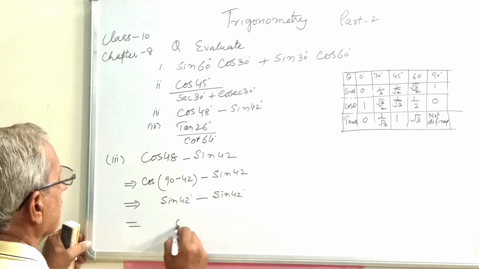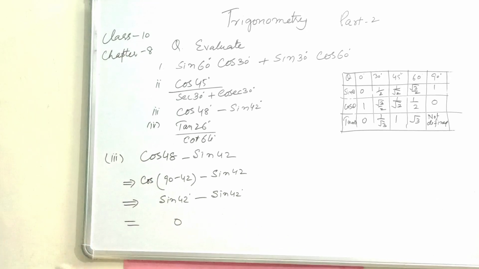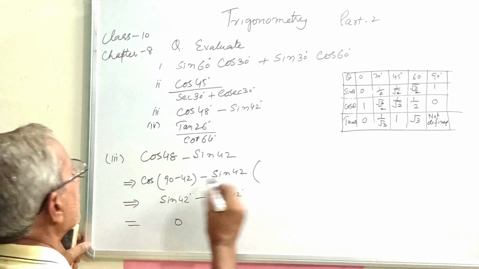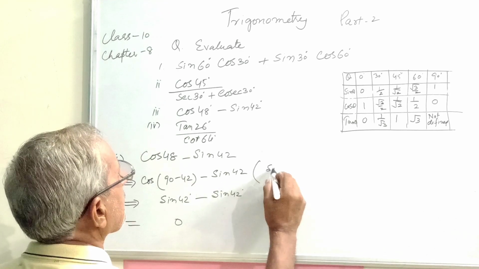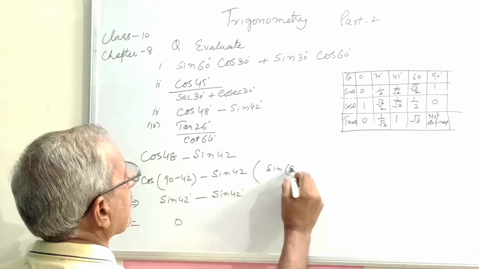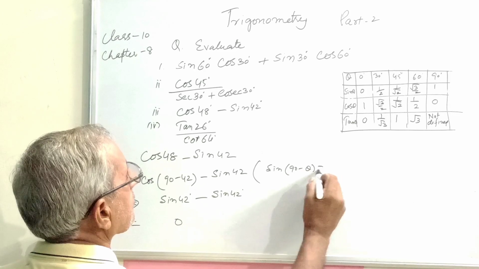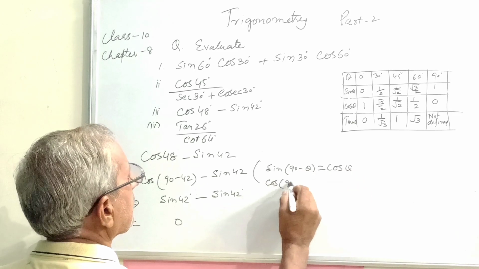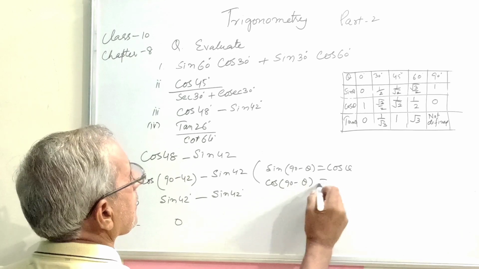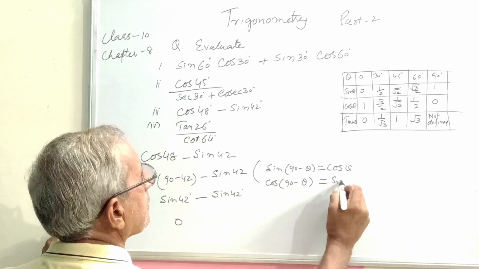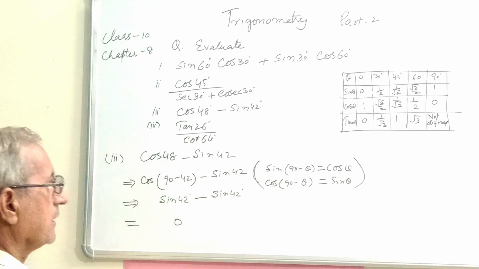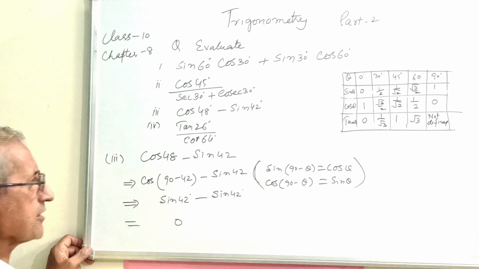So that will be 0. Because you know the formula, that is sin 90 minus theta is equal to cos theta, and cos 90 minus theta, that is sin theta. These are the complementary identities.